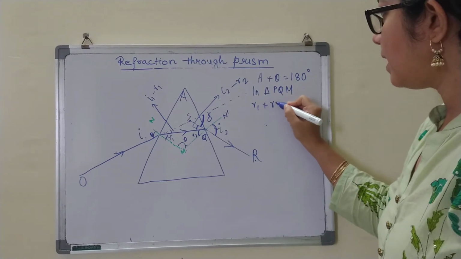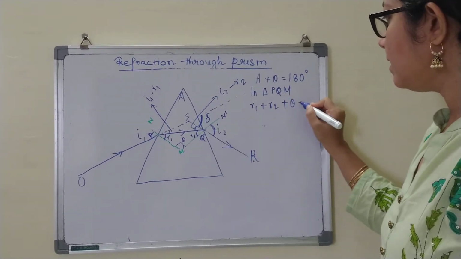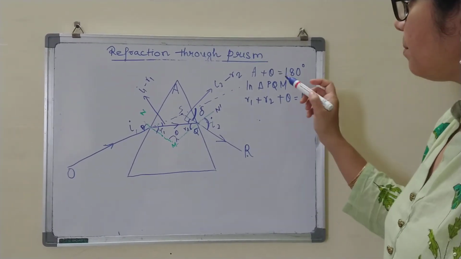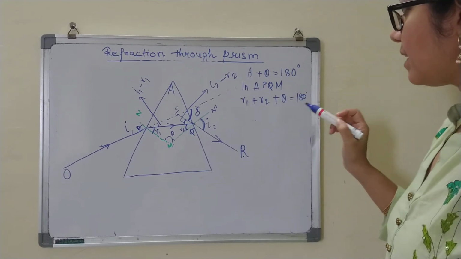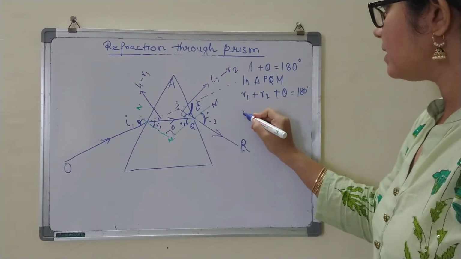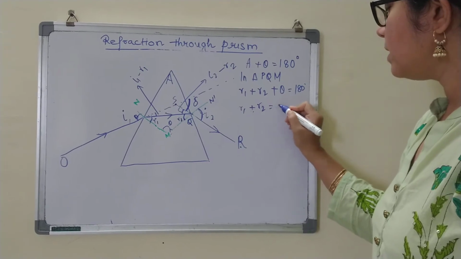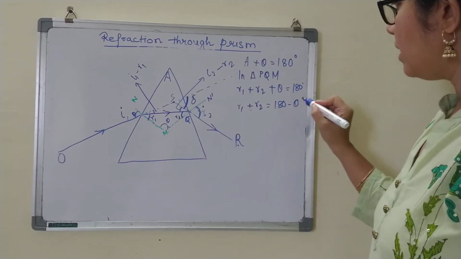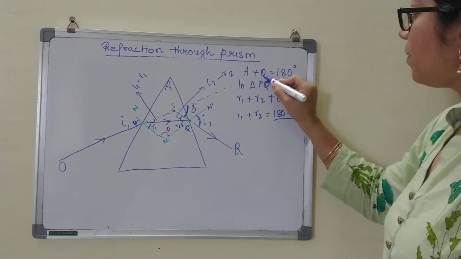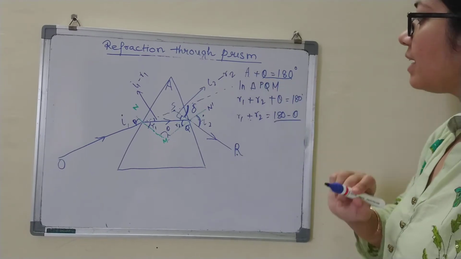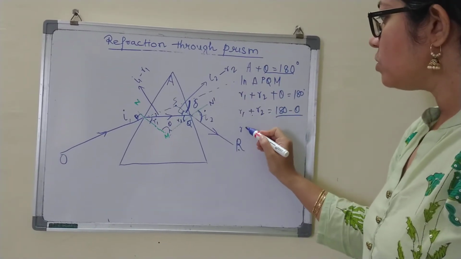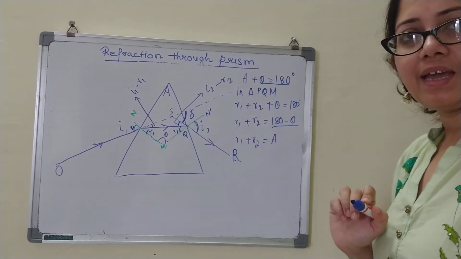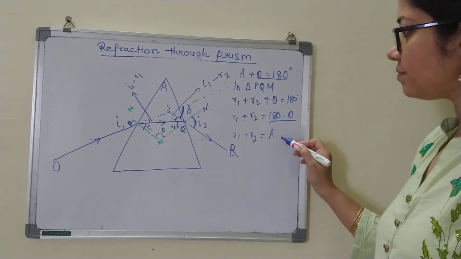R1 plus R2 plus theta is equal to 180 degrees. Please remember, these are all angles, but I am not writing the angle sign. So I can say R1 plus R2 is equal to 180 minus theta. Now what is 180 minus theta? From here I can derive it is angle A, the angle of the prism. So I can write R1 plus R2 is equal to A. I hope it is clear.